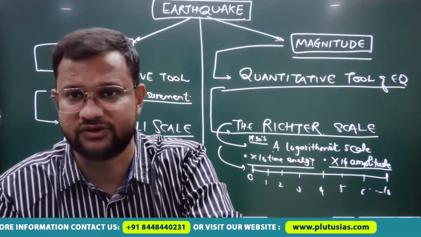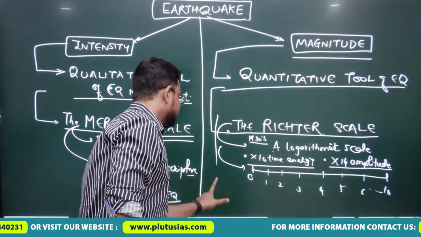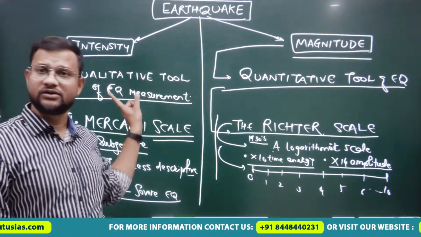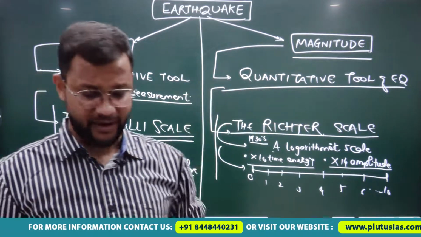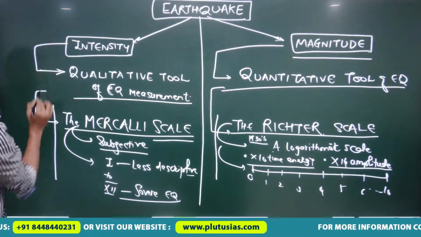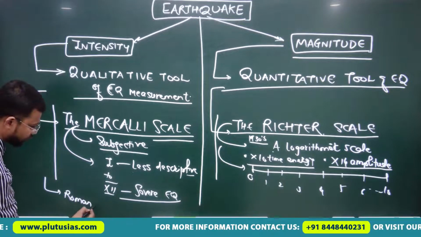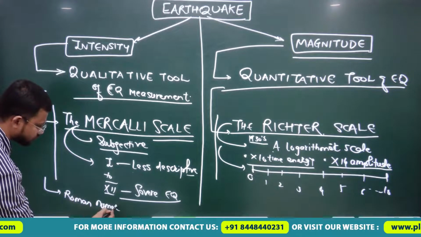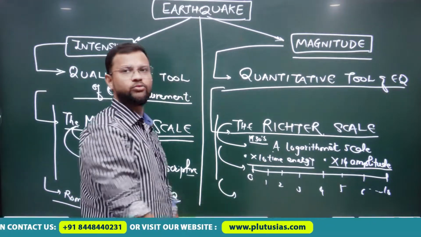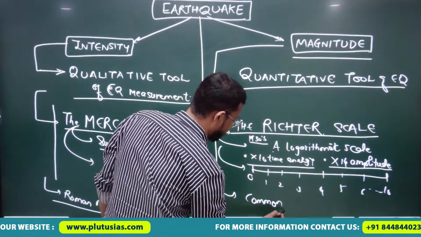So these two are the scales for measurement of earthquake intensity and earthquake magnitude. Usually, intensity is represented in Roman numerals, and magnitude in common numerals that we use as numbers.